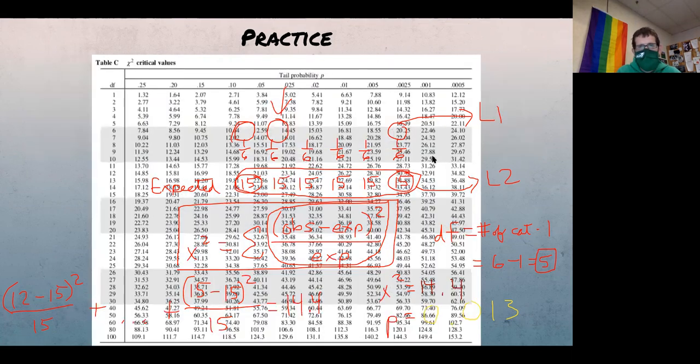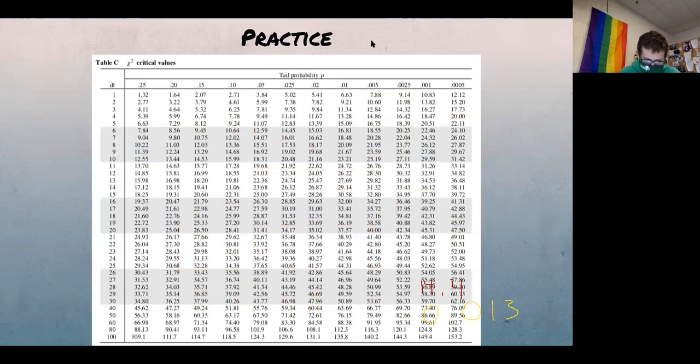Let me see, there it is. It shows up on the next screen. So I'm going to clear everything on the screen right now. There it is. It shows up right in here. And we already found our p-value of 0.013. So that checks out.